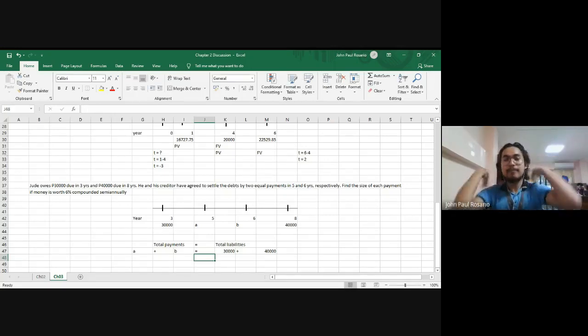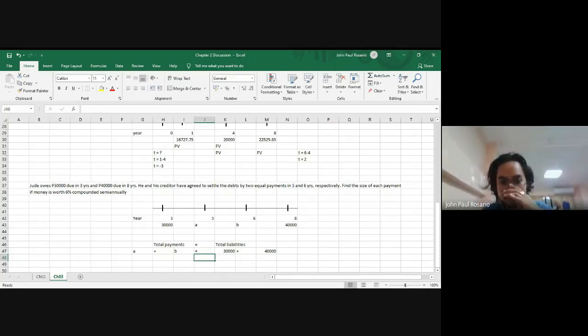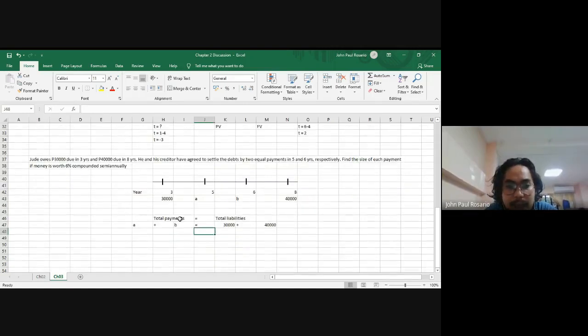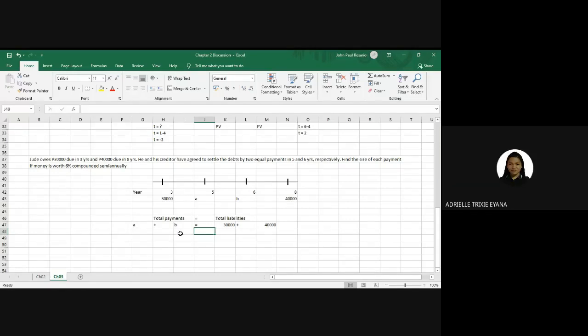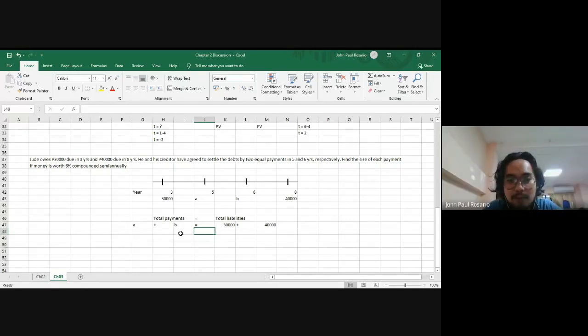Now we cannot proceed with this because we cannot combine A and B, right? Yes, sir. So with that, what is Balyada's answer for the equal payments?